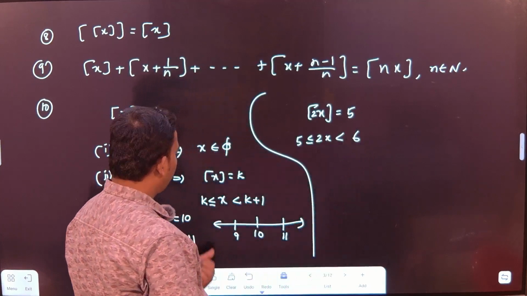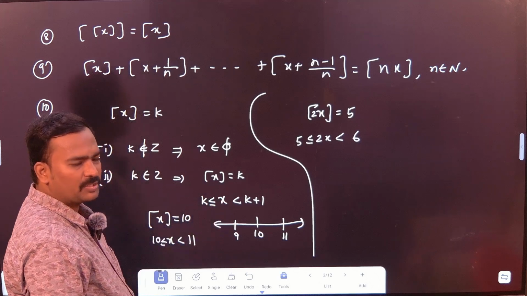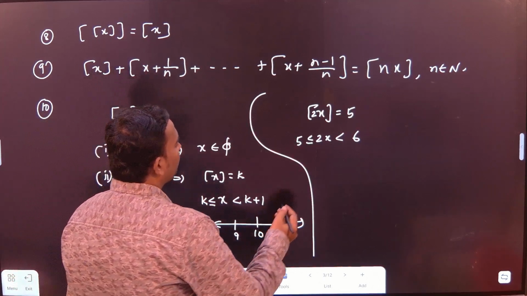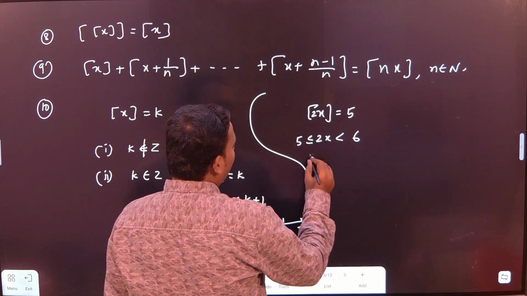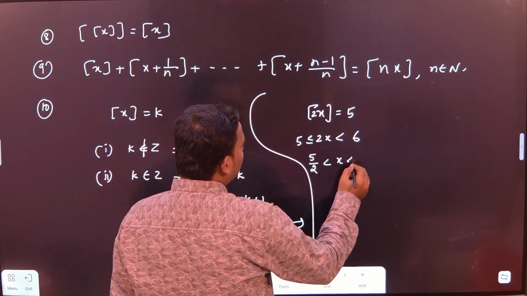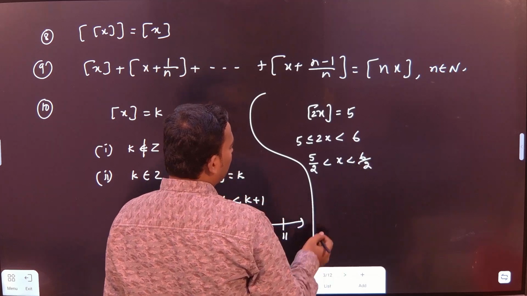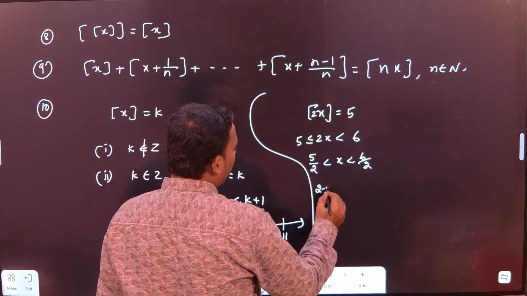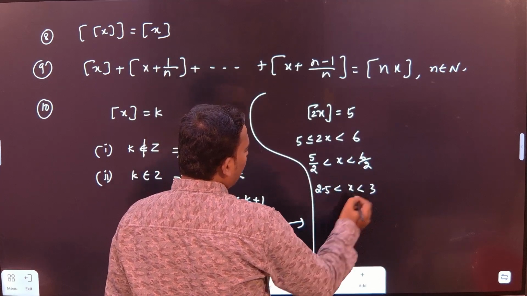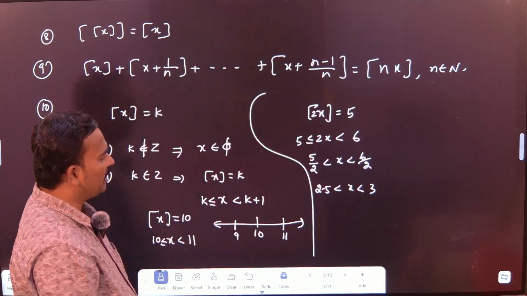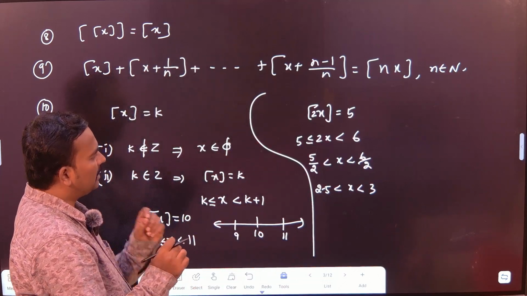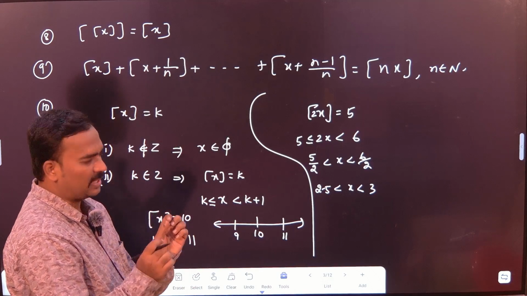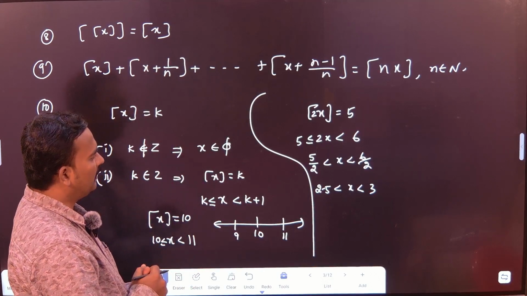By definition, x will be from k to k plus 1, strictly less than. So we divide by 2: 5 by 2 less than or equal to x less than 6 by 2. 5 by 2 is 2.5. So 2.5 less than or equal to x less than 3. I hope everyone understood, right? In this interval only, the greatest integer function of 2x is equal to 5. Clear?